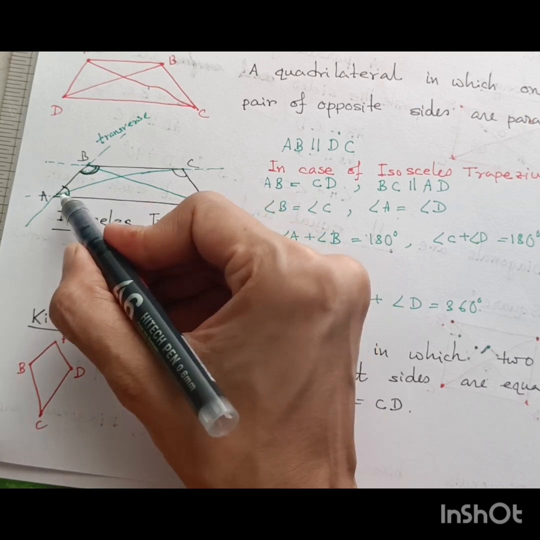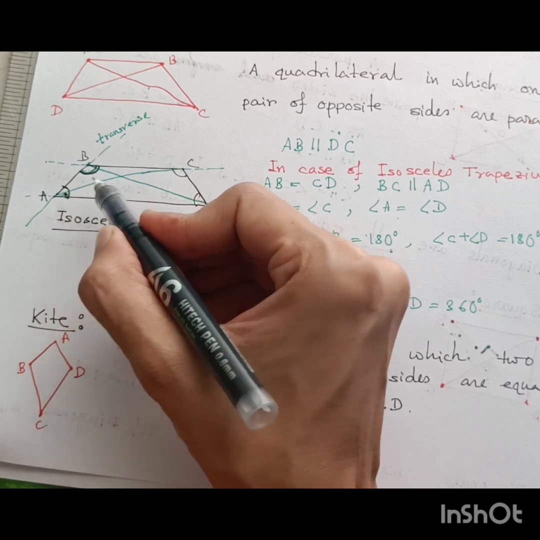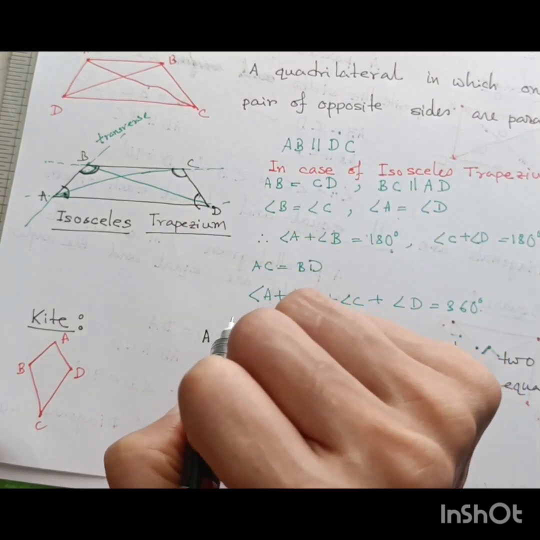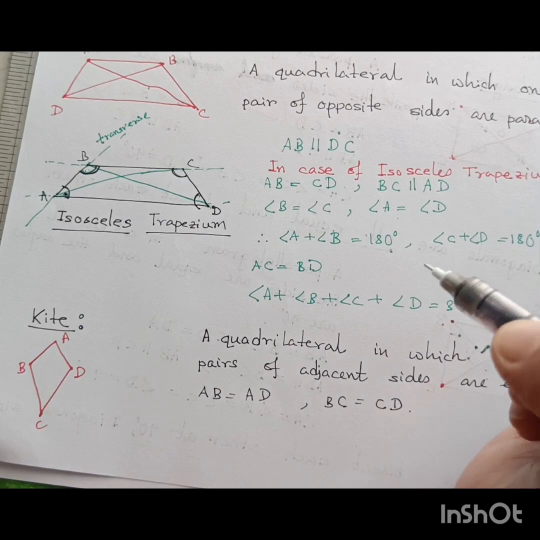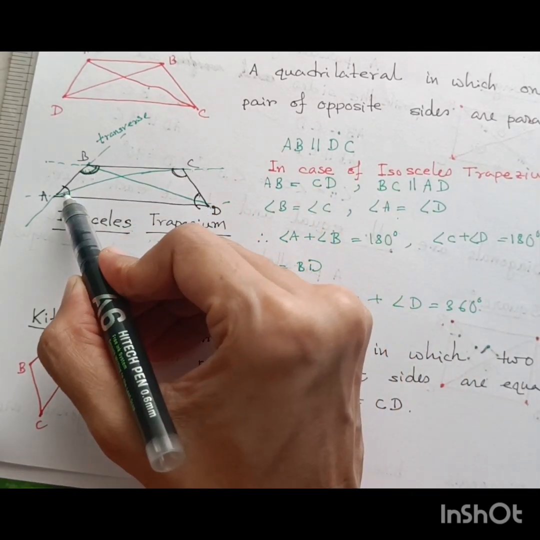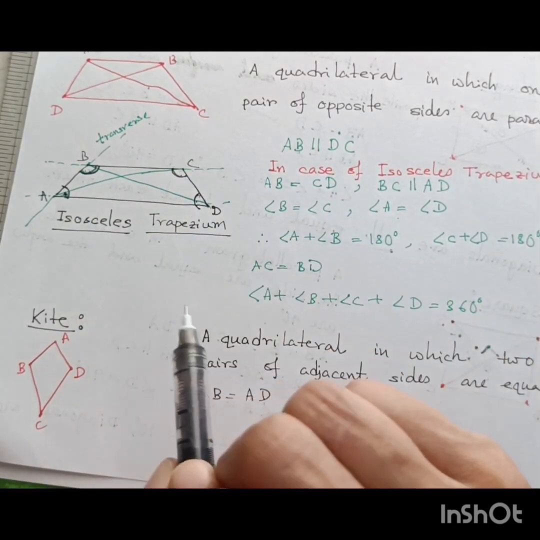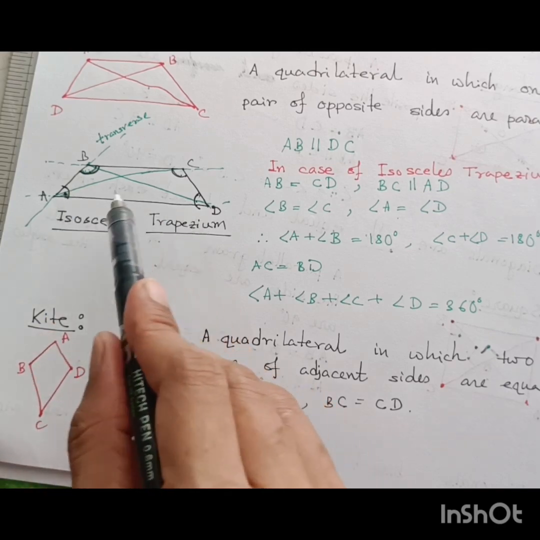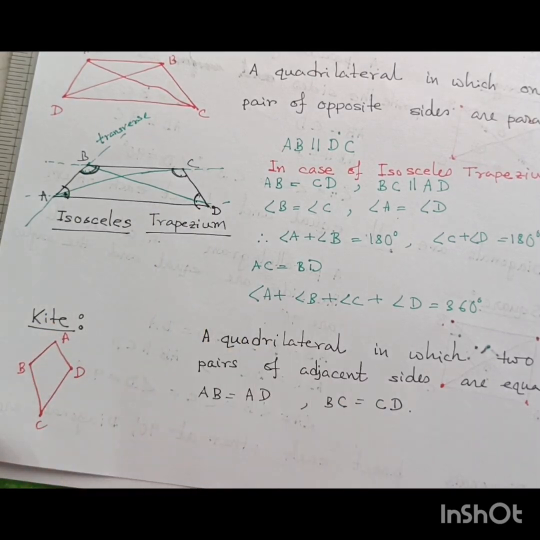That is B plus A equal to 180 degree. Alternatively, C plus D equal to 180 degree. And B plus A plus C plus D is 360 degree. This is the isosceles trapezium.